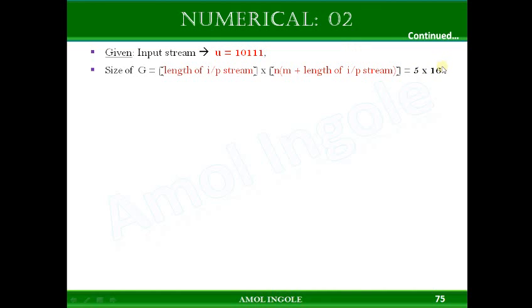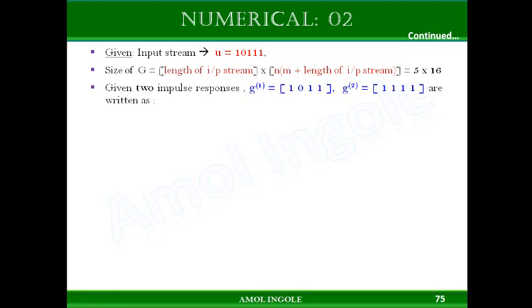So it will be 16. That is, n is 2, m is 3, and length of the input bit stream is 5. So 5 plus 3 is 8, 8 into 2 is 16. So size of your generator matrix would be 5 rows and 16 columns.